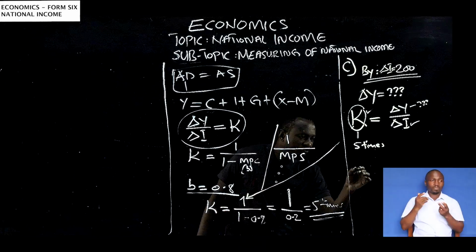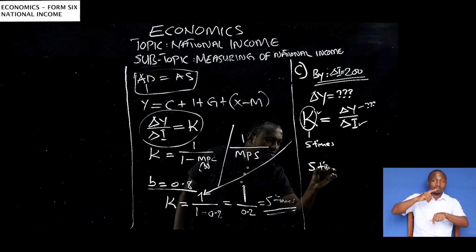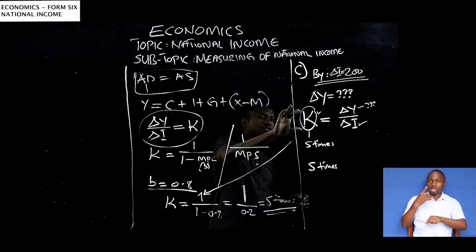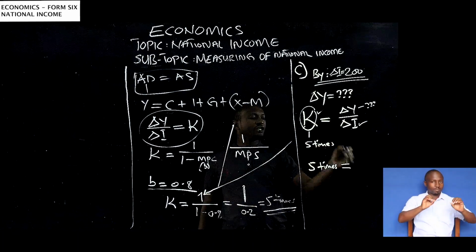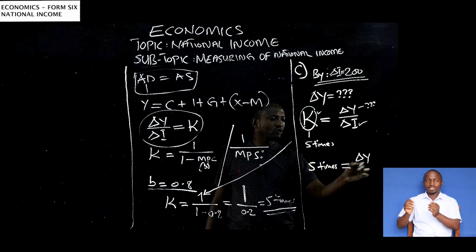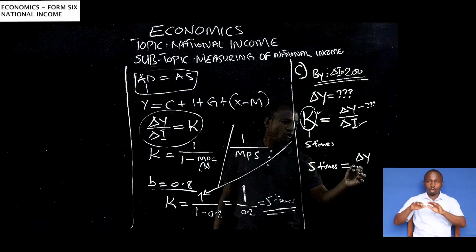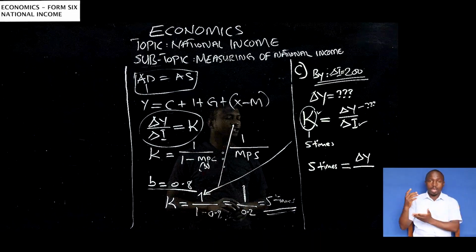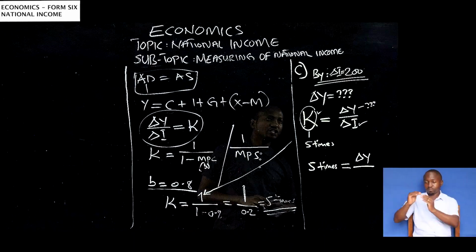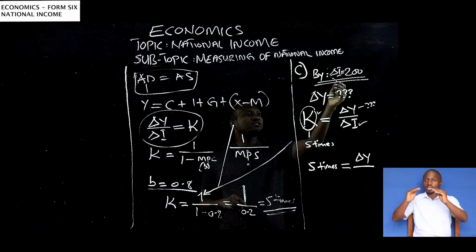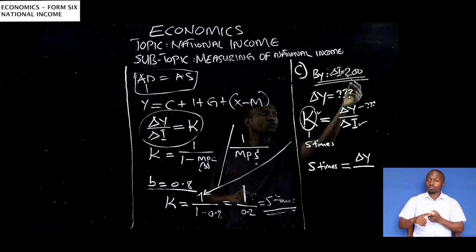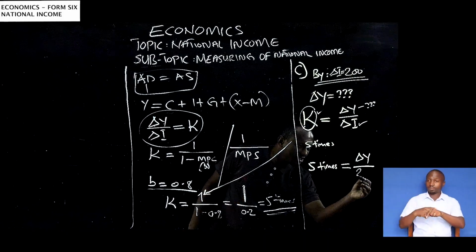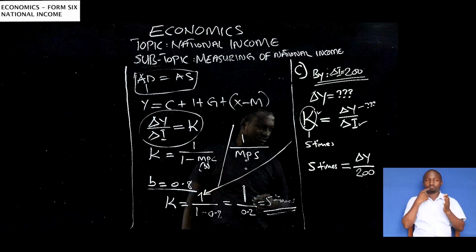So 5 times, representing the multiplier, equals change in income, which is unknown, over change in investment. The question says if investment increases by 200, so 200 is the change in investment.